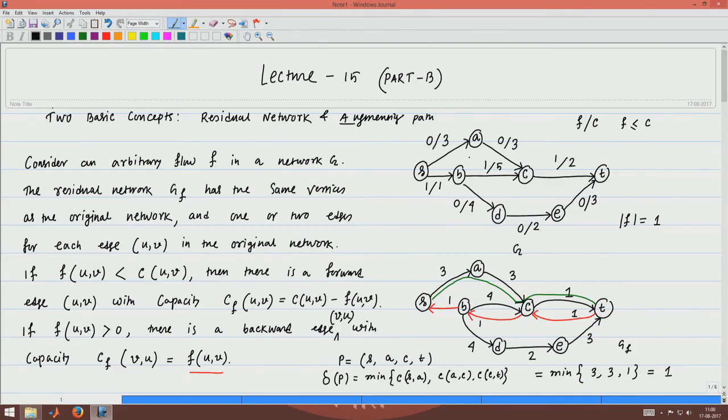Yes, probably you can choose S, A, C, T, and the minimum capacity of this path is 2. There will be a problem. See, you can't send 2 units of flow along this path. You can send 1 unit of flow along this path.